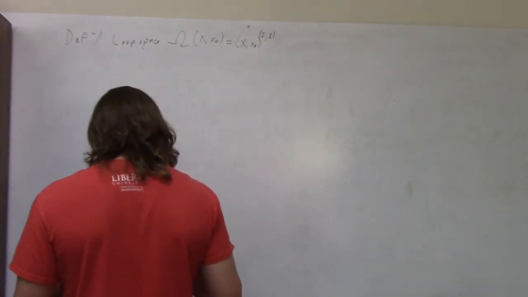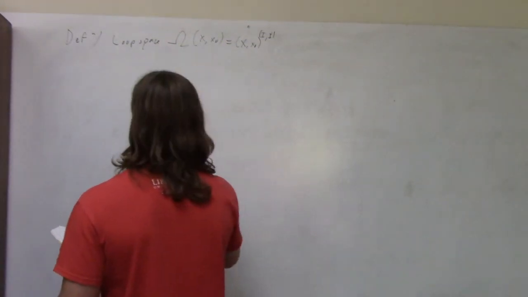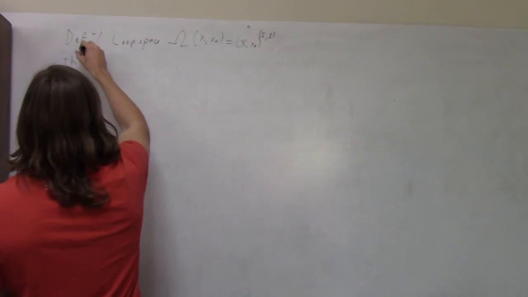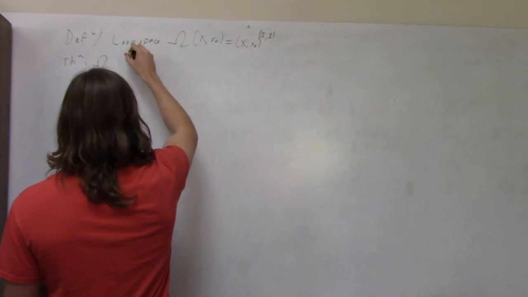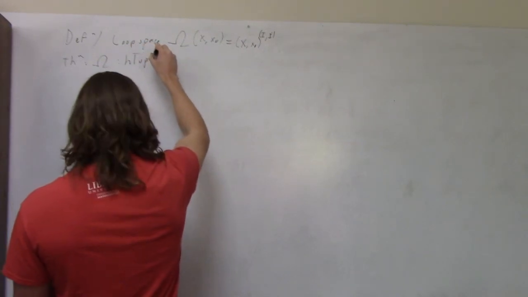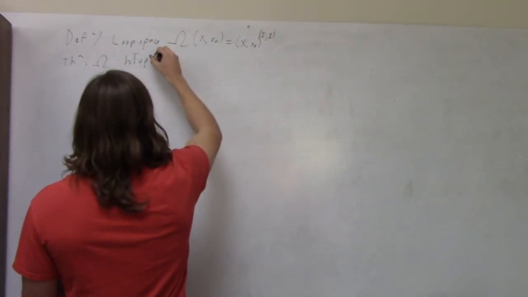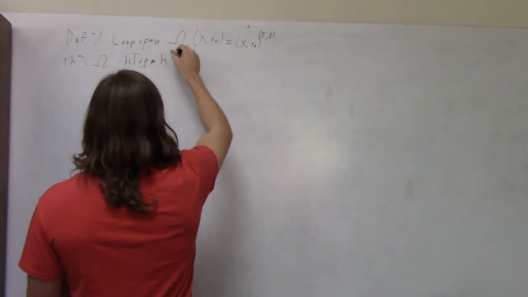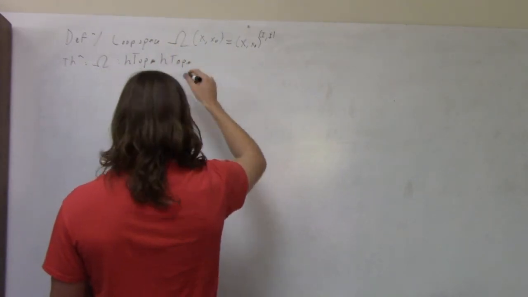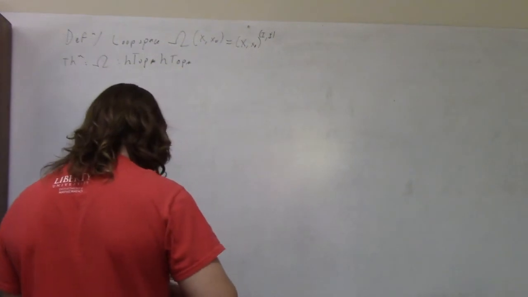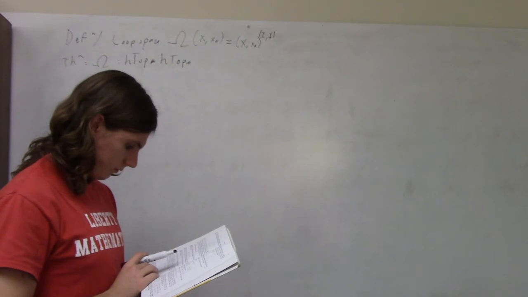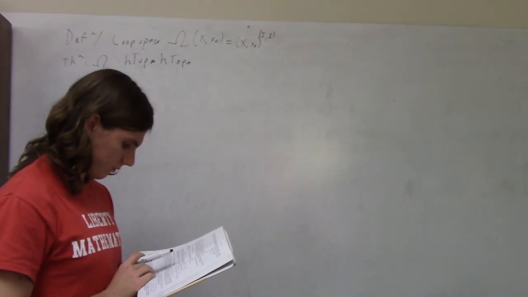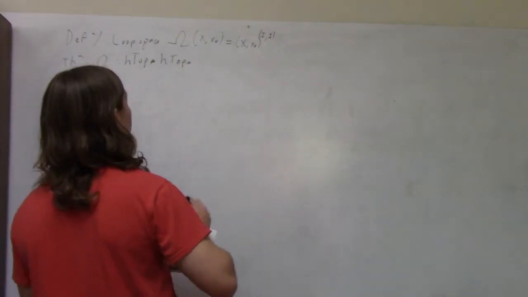Then, this omega is a functor from pointed spaces to function spaces. The function space is itself a pointed space, and he uses this omega naught as its base point.